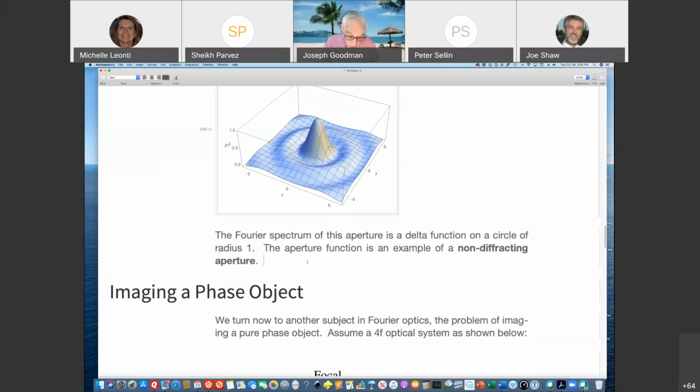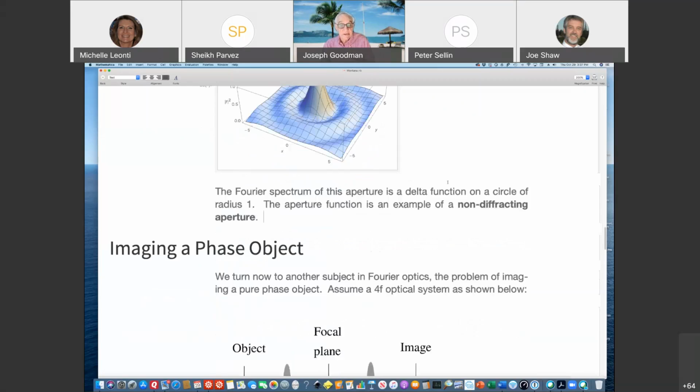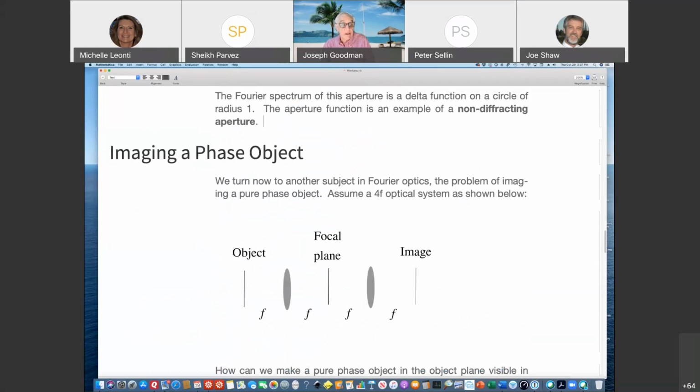Of course, if we now bound it by a finite pupil, this property is going to be ultimately destroyed. But the more of the Bessel function that's contained in that finite pupil, the further away from the diffracting aperture we can move without much change in the diffraction pattern. So that is another interesting example of diffraction.